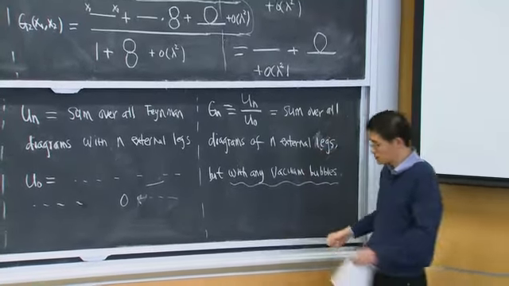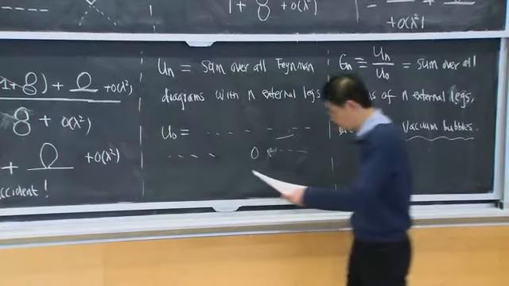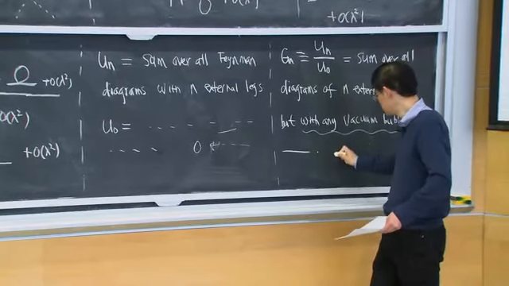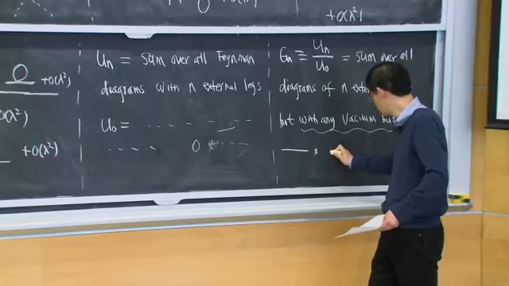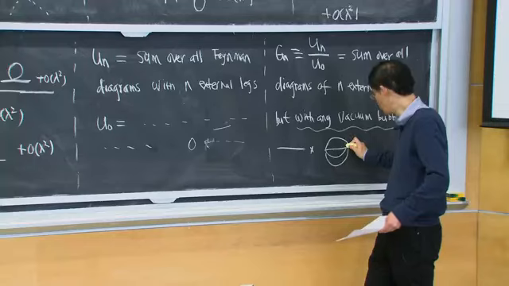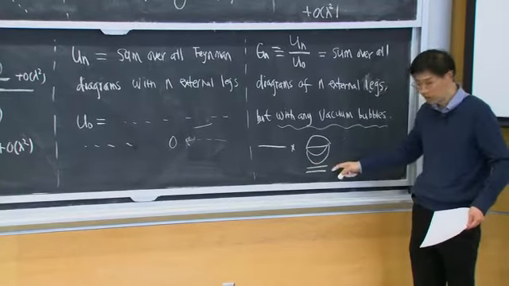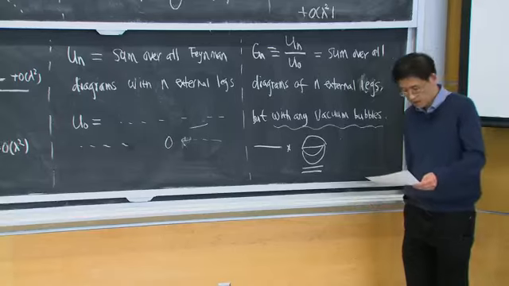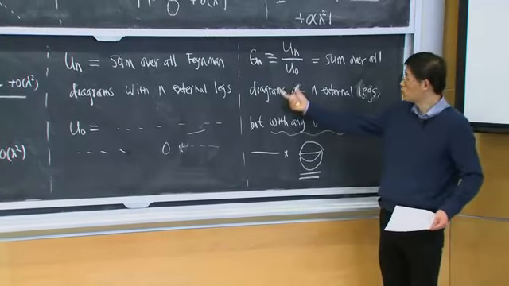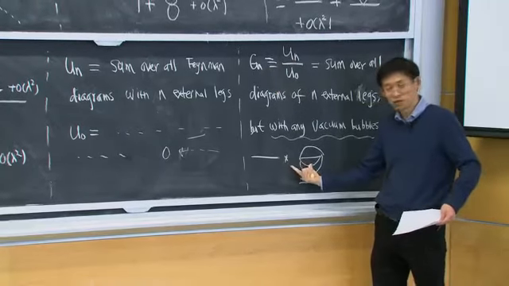Similarly, when you go to the next order, as we discussed last time, this is also a diagram with a vacuum bubble because you have this part which does not have any external leg. So when you calculate the ratio, this kind of diagram you automatically don't include.